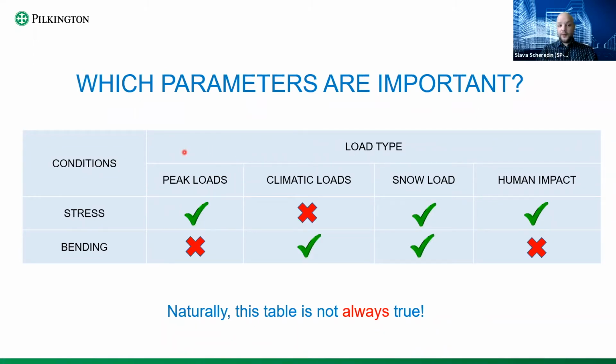If we are calculating peak loads, so maximum forces combined, we should be looking at stress. Will the glass break or not? If we want to understand how the facade of the building will look in reality, we should be looking at bending, but we should be calculating with climate load.